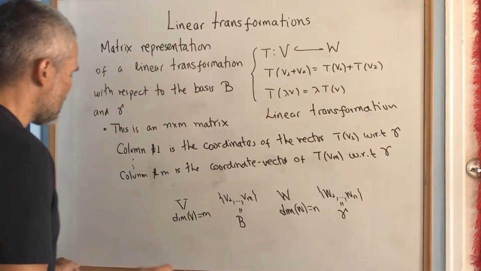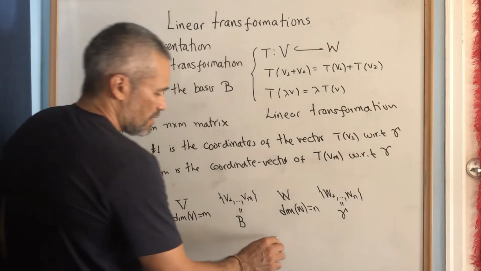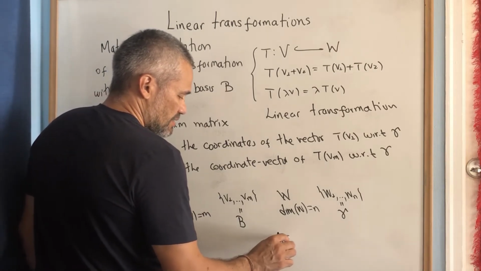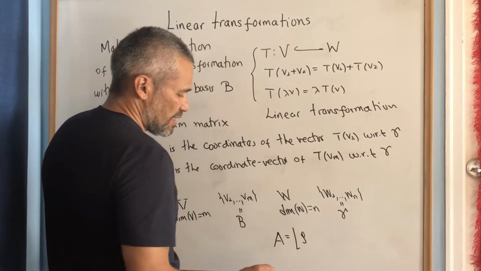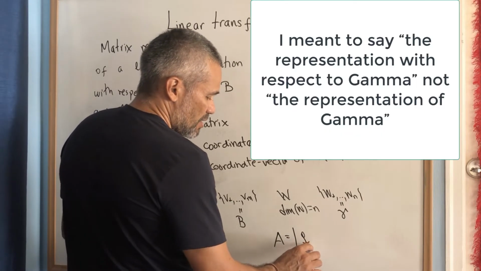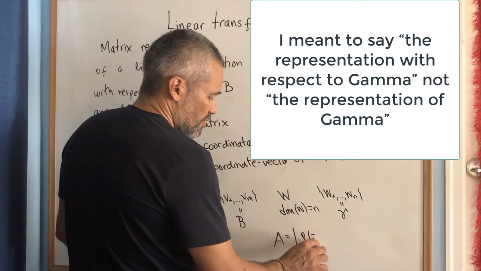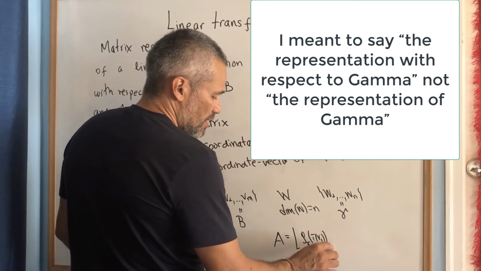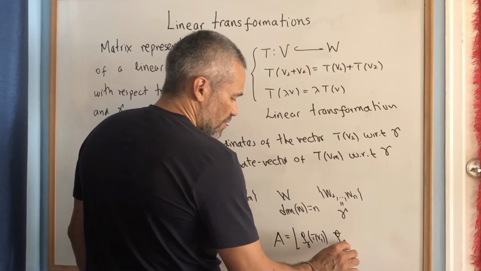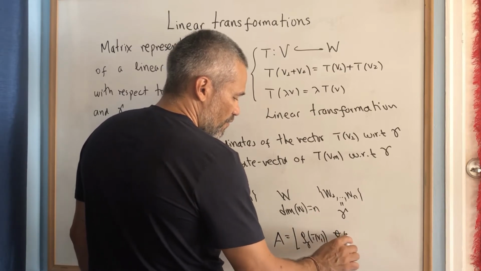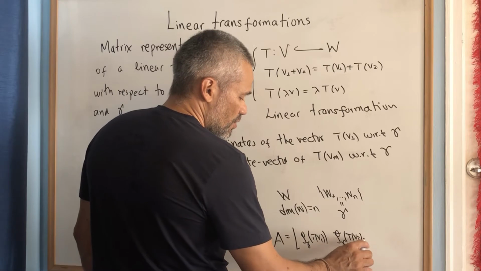That means that our matrix A is given by: the first column is the representation with respect to gamma of the vector T of b1. The second column is the representation with respect to the basis gamma of T of b2.